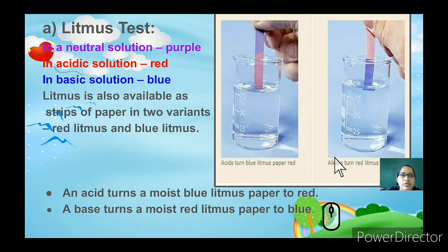When it is a neutral solution, neither an acid nor a base, the litmus paper remains the same, that is, it turns to purple. An acid turns moist litmus paper red. When it turns red, it is an acid. When it turns blue, it is a base.